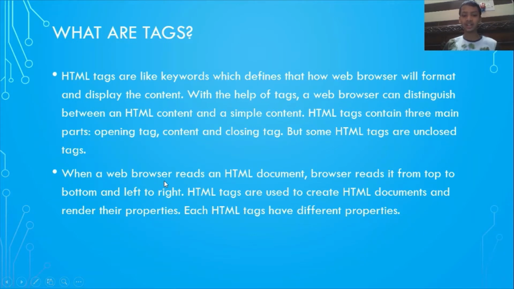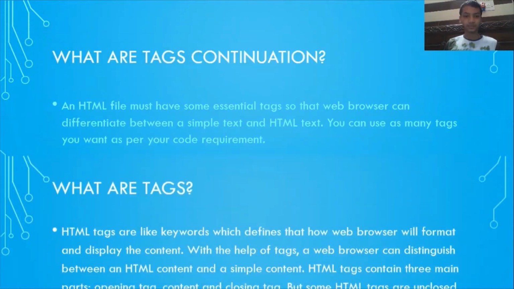When a web browser reads an HTML document, it reads from top to bottom and left to right. HTML tags are used to create HTML documents and render their properties. Each HTML tag has different properties.